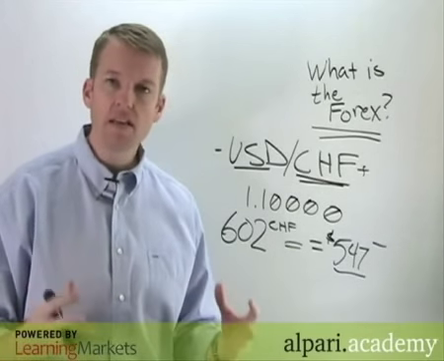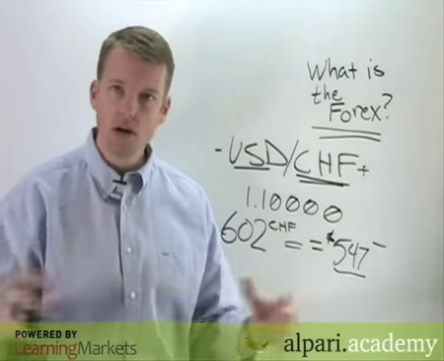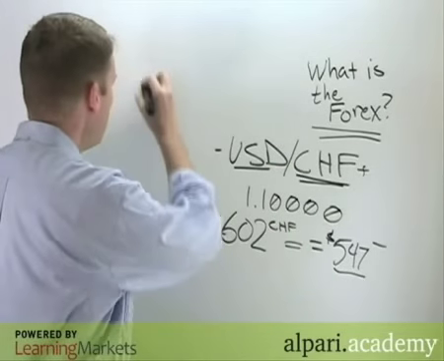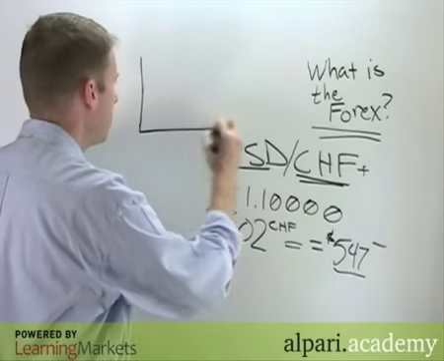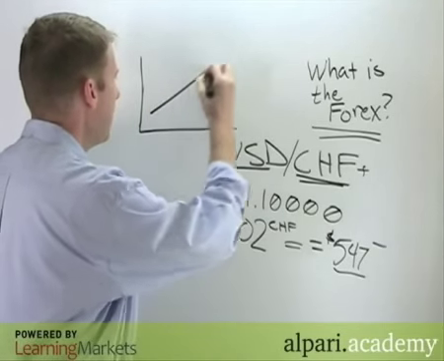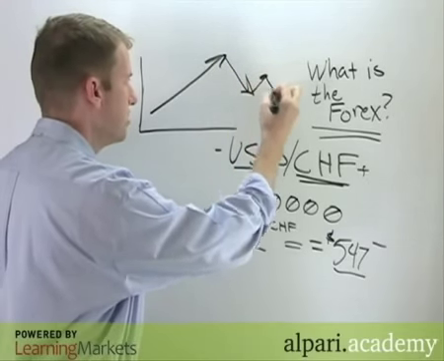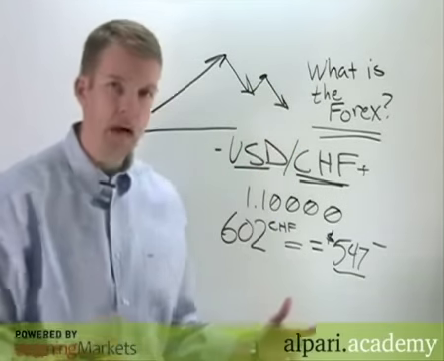Now, the way that you'll see this charted, like any other capital market, is you'll see we've got our chart here, the X and Y axis, and you'll see trends that look like this, just like anything else that you would see in any other capital market.